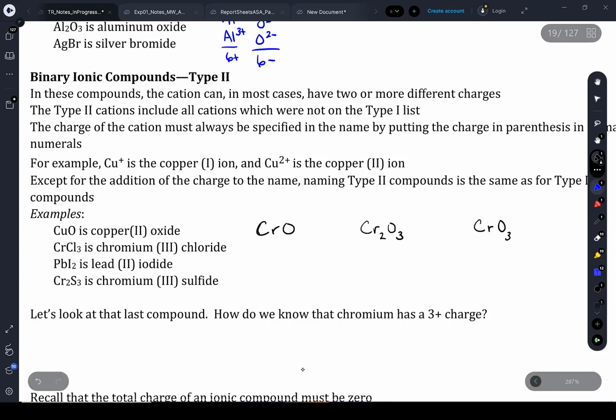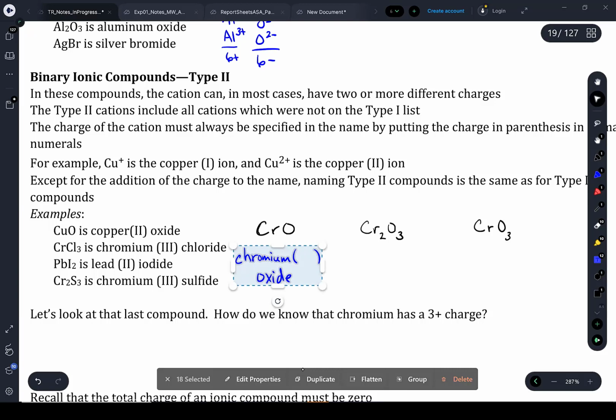So they are all going to be named chromium something oxide. Agreed? The only thing that varies is the charge.